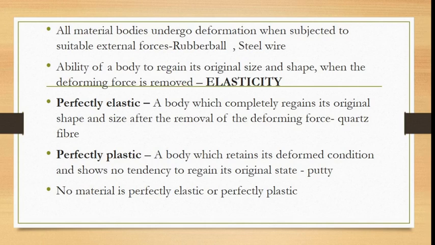There is no such material which is perfectly elastic or perfectly plastic. But we can give an approximate example as quartz fiber for a perfectly elastic body and putty for a perfectly plastic body.